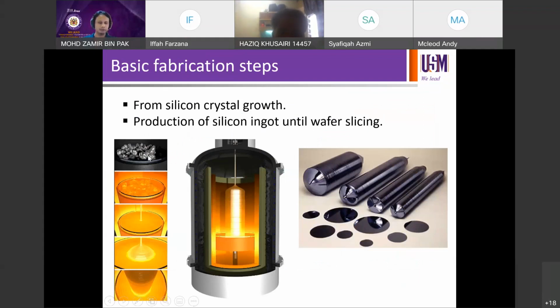So polysilicon chunks melted into liquid silicon. Okay, anyone knows the melting point of silicon? You have to melt the polysilicon chunk, so that means you have to overcome the melting point, right? Anyone knows the melting point of silicon? What temperature can melt silicon?